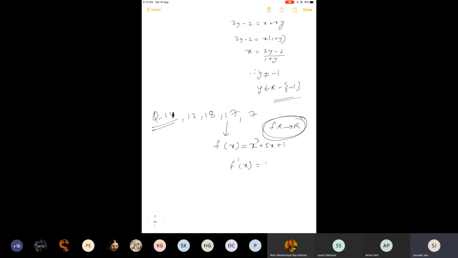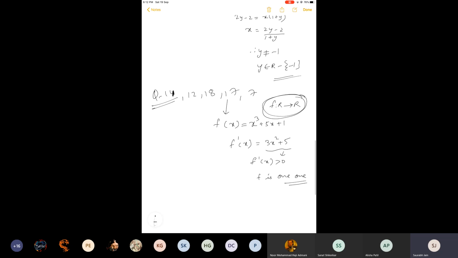Consider this function and differentiate it. f dash x, the differentiation will come, you use the formula of x to the power n. You will get this, and now anyone can tell that it is positive. Why? This is the sum of two positive numbers. And I told you that if f dash x assumes only one sign, either positive or negative, it will be a one-one function. So one-one is okay.